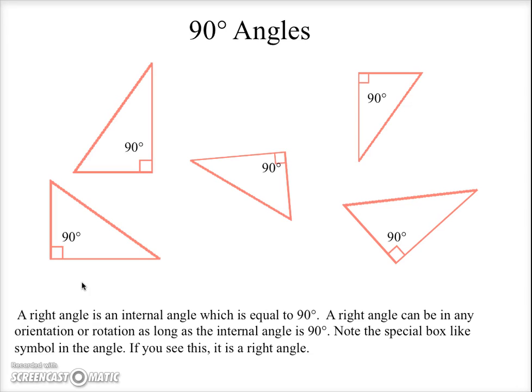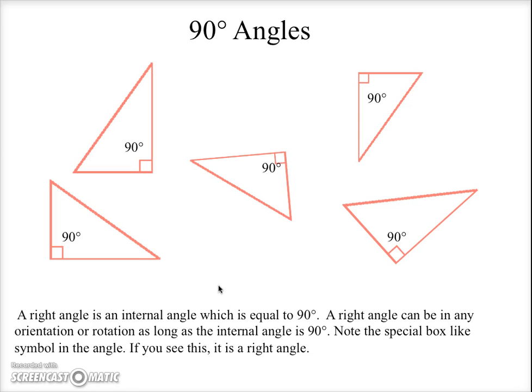90-degree angles. A right triangle has an internal angle which is equal to 90 degrees. A right angle can be in any orientation or rotation as long as the internal angle is 90 degrees.